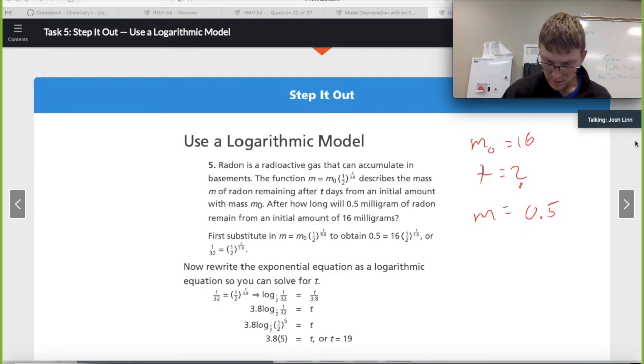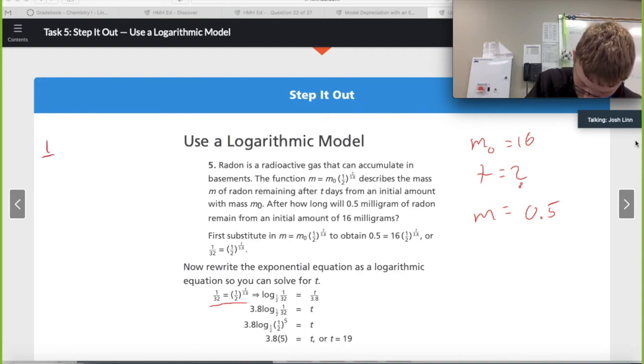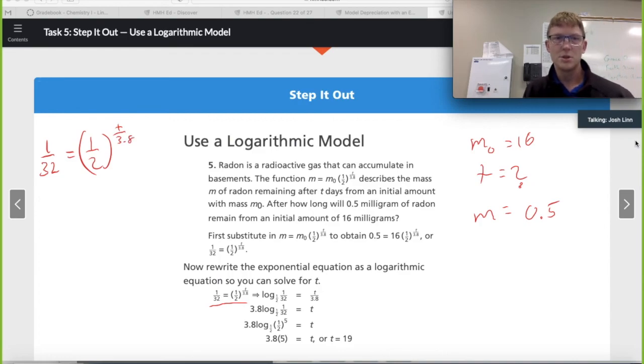So now that we are here, 1 over 32 equals 1/2 to the power of t over 3.8. I'm trying to write it slightly better this time. So how do we get to where we want to go? We want to get that t by itself. So we are essentially going to rewrite it using a logarithm.